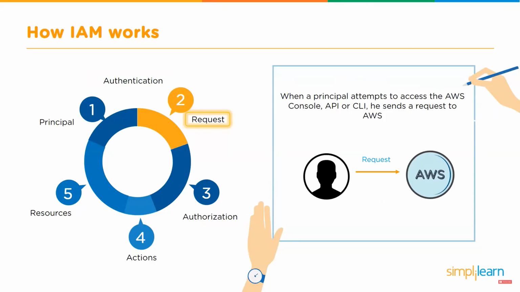Is it on EC2 1? Is it on the S3 bucket simplylearn.com? So it has a specific action that it wants to perform and the resource on which it wants to perform, and also some information about where the request is originating from. Is it within an AWS environment, another cloud service provider, or on-premises, stuff like that. So this information will be present in the request.